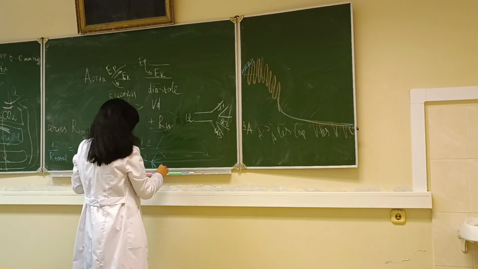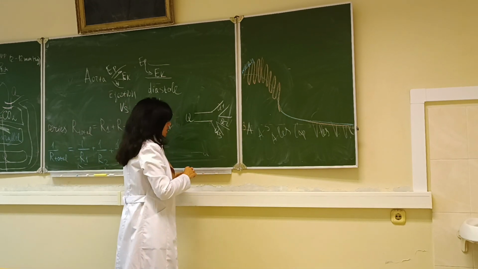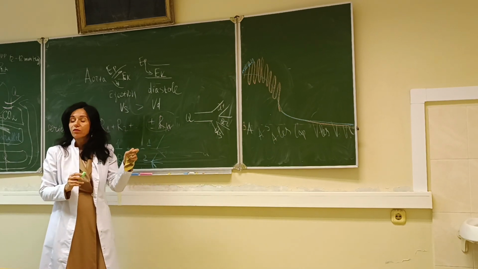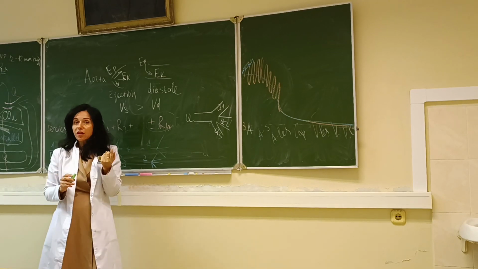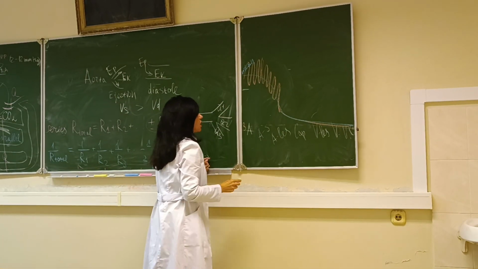Next, linear blood flow velocity. Linear blood flow velocity depends on the total cross-section area of one type of blood vessel. The aorta is a single blood vessel, so it has the highest linear blood flow velocity.